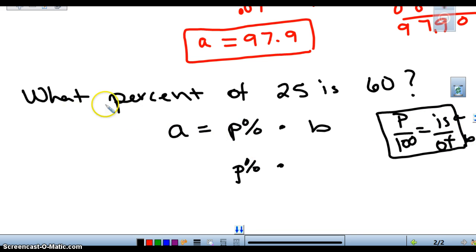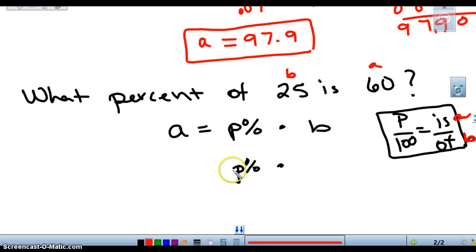In this case, what percent of 25 is 60? Which one is the part and which one is the whole? The part is 60, in other words A. And what is the whole? 25, B. Does this help clear up the picture?